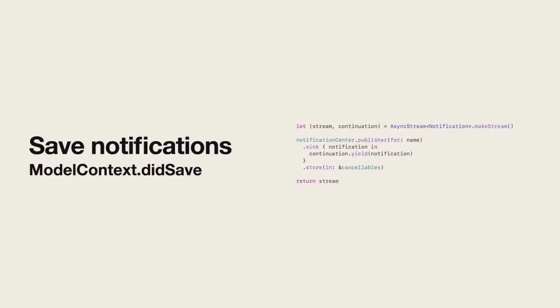What we want to do is listen to this and then put it onto an async stream or something like that, and then your code will observe changes on that stream and go, okay, we have a database save, please give us every new transaction, and then do your iterations through that. Model context didSave is there for the notification name, so it's a very Swift way of handling it.